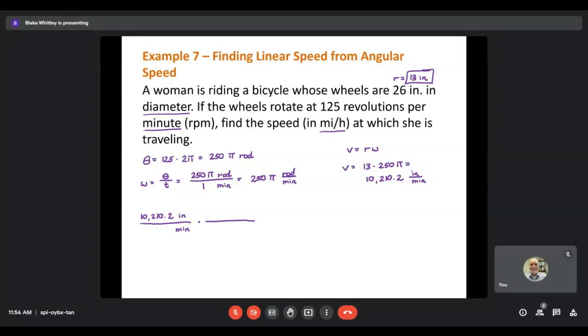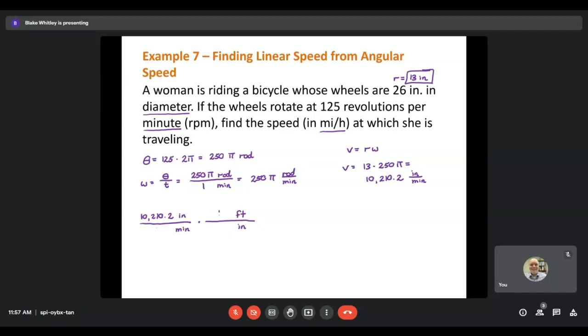Now the first thing I'm going to try to convert is those inches. So we know we want to go to miles. Now, I don't know the exact conversion to go straight from inches to miles, but I do know how to go from inches to feet. So I'm going to put my inches on the bottom so they cancel out, and I'm going to put feet on top so that I end up with feet. Now, I know for every 1 foot, there's exactly 12 inches.